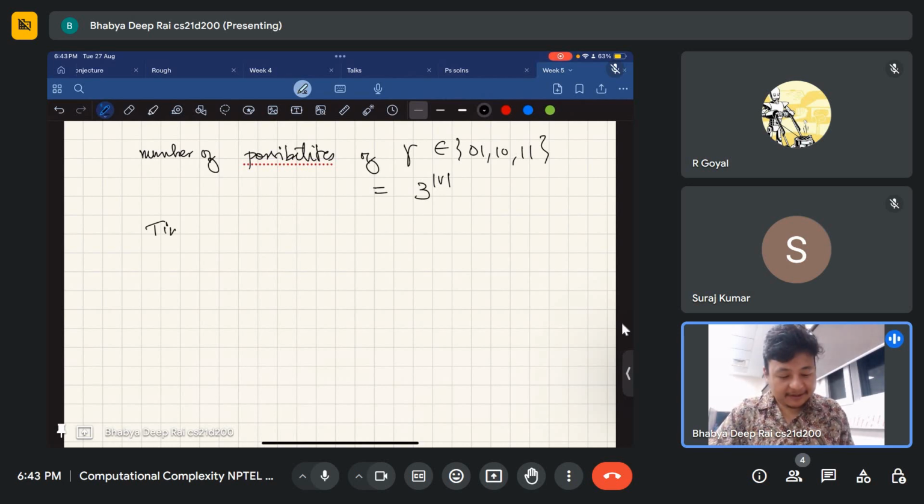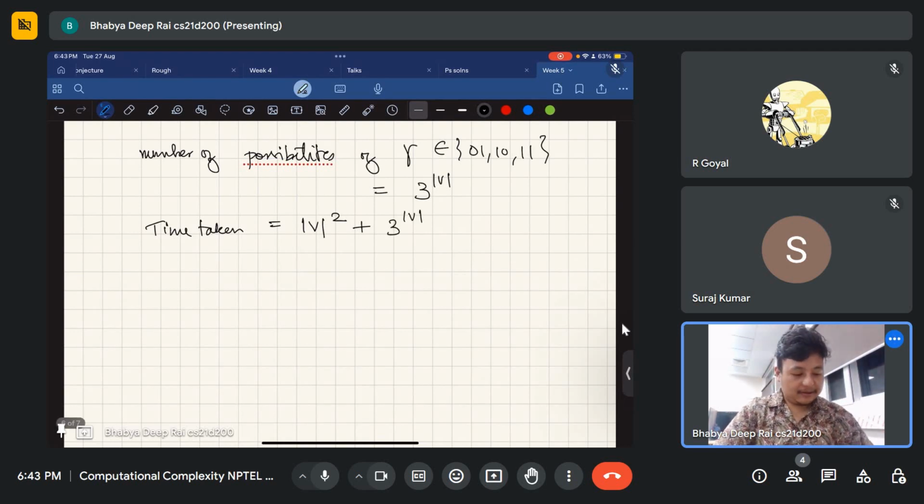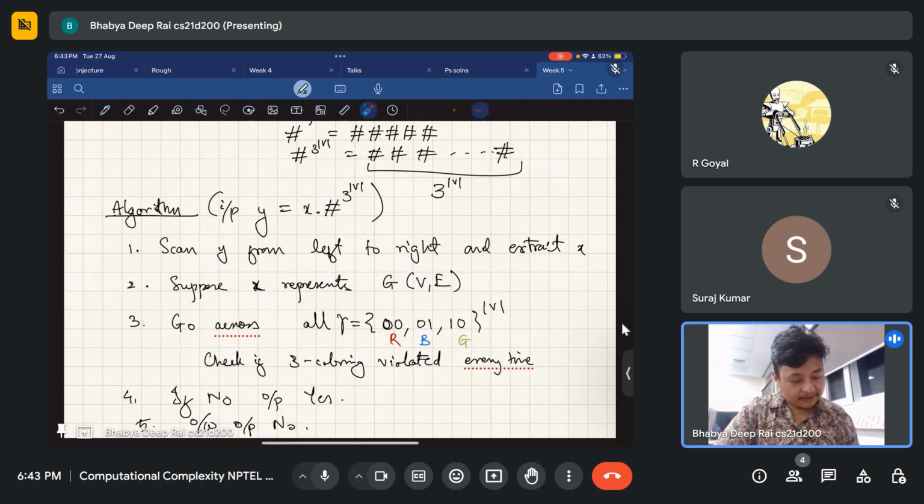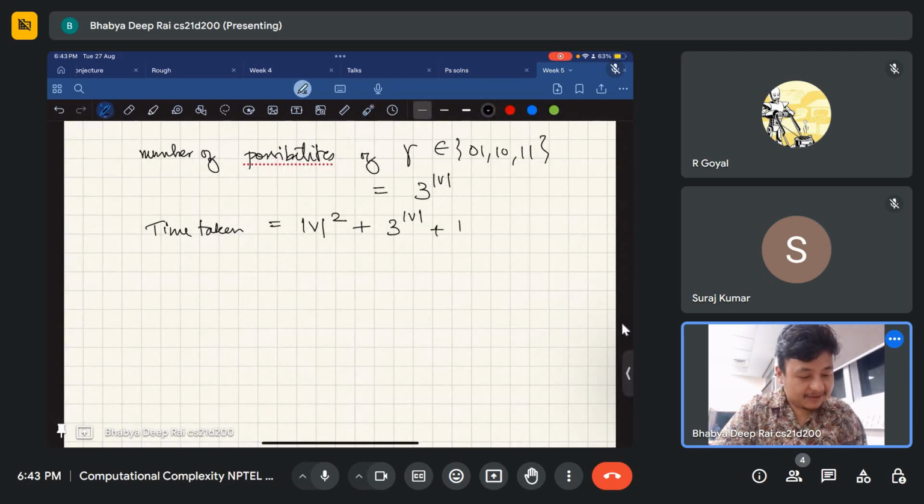So what is the time taken? Firstly, I take a counter which goes till the end, which takes size of x, around v squared since it's given as an adjacency matrix, plus 3 to the size of v to go across all possible assignments gamma. Then checking whether it is violated will take another pass across all pairs of edges, so another n choose 2, some v squared time, plus v squared time, which is still order of 3 to the size of v.